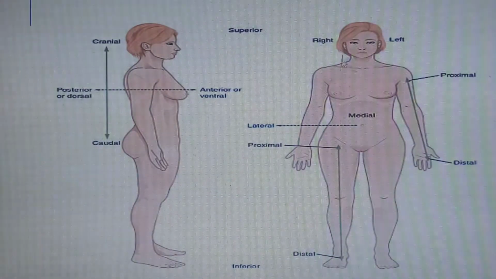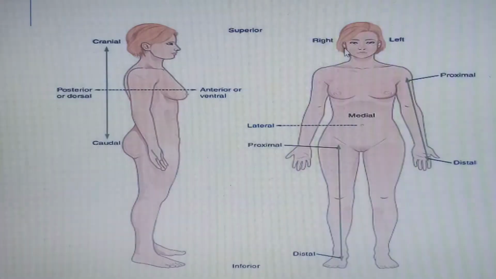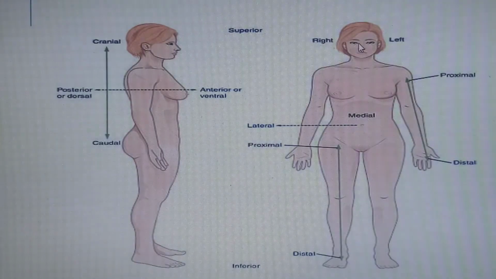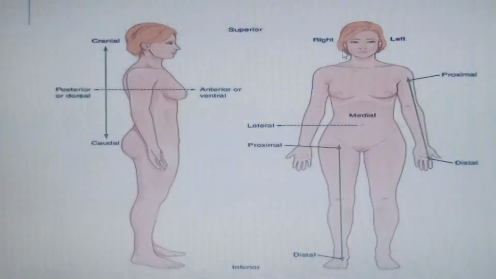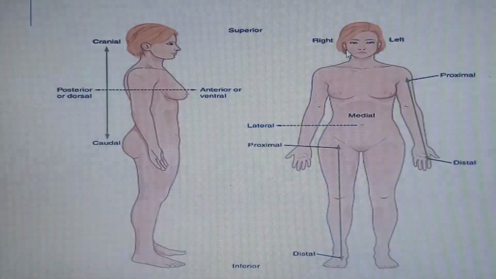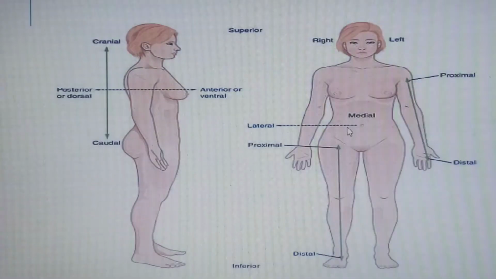The ears are further away from the middle of the body than the eye, so we say the ears are lateral. So the right ear is lateral to the right eye, and in the same way, the right eye is medial to the right ear.